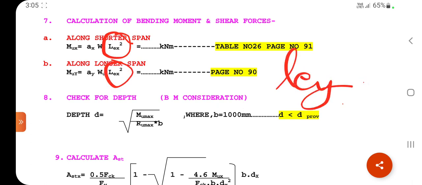This is the key point while calculating Mux and Muy. These values are taken from table 26, page numbers 90 and 91.